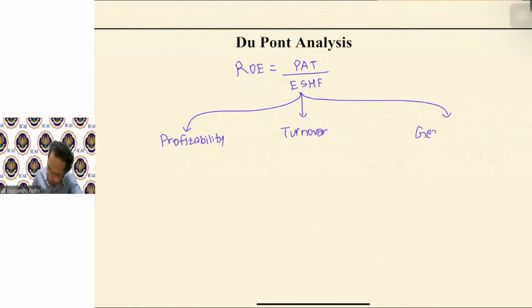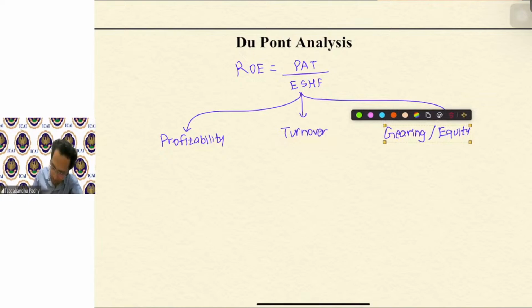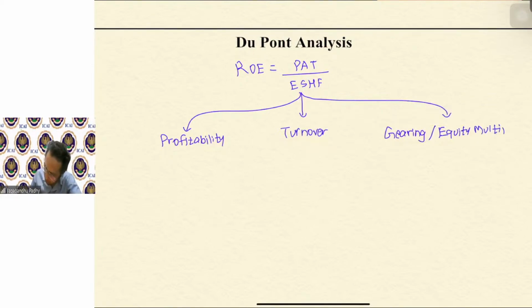Third angle is gearing or equity multiplier. Okay, so PAT upon equity shareholders.